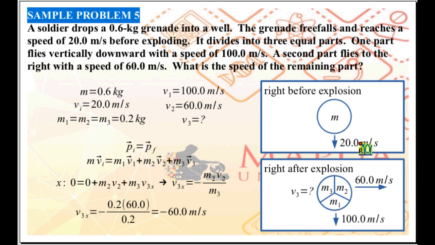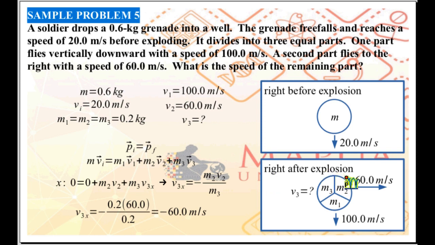In terms of the explosion, the initial case is right before the explosion, and the final case is right after the explosion. So the initial speed of the grenade is 20 meters per second.